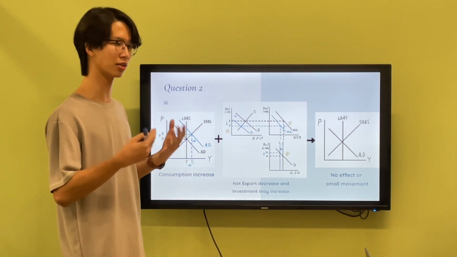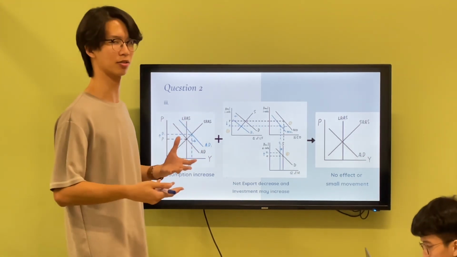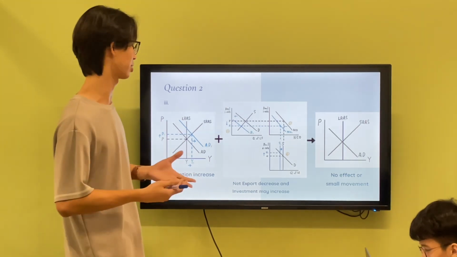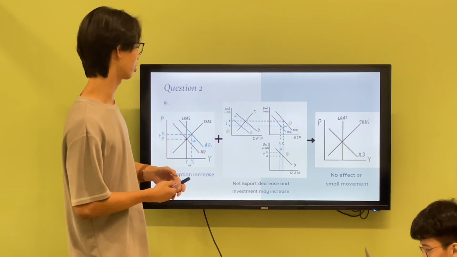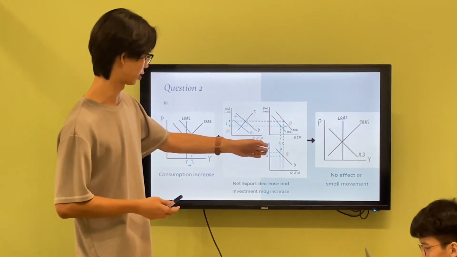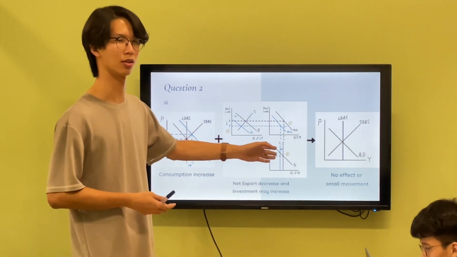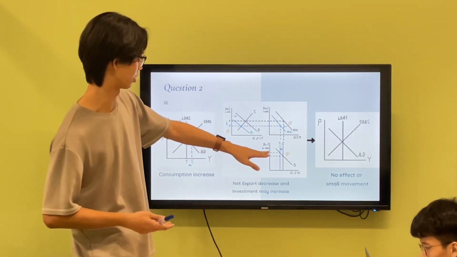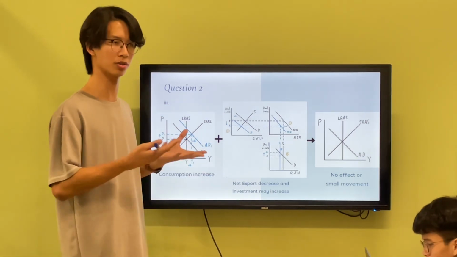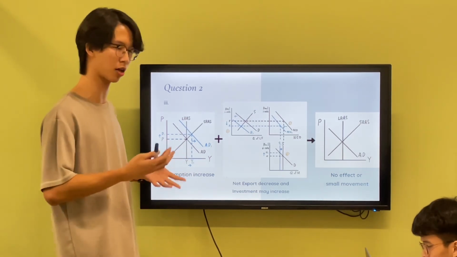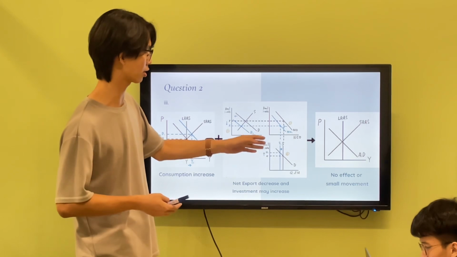When lots of capital comes into Taiwan, which is a lot of foreign investment buying stocks, like TSMC stocks, the net capital outflow will decrease, and this will reduce the supply of the NT dollar in the exchange rate market, so the real exchange rate will go up, and when the real exchange rate goes up, the GDP's net export will decrease.